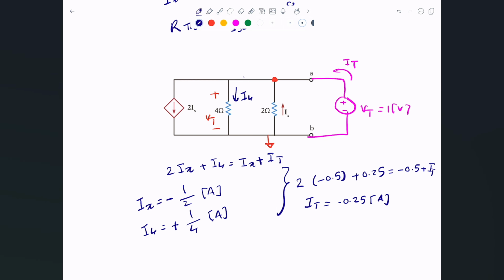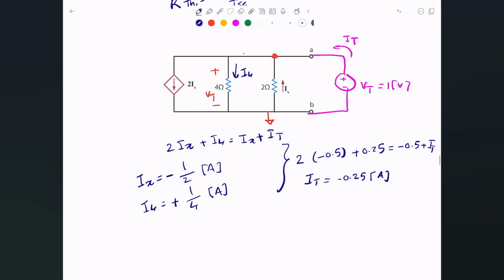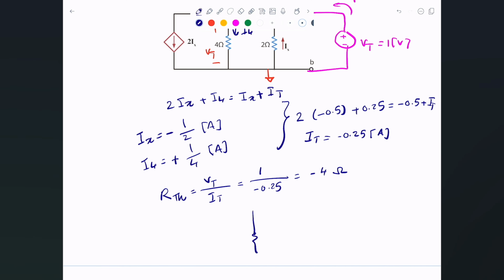Alright, so I know my I of t, I know my V of t. So based on method 3, it tells me that R Thevenin is just simply V test divided by I test. And I know my V test happened to be 1 volt, and this is negative 0.25 amps. That means this one here is negative 4 ohms. Okay, so the R Thevenin happened to be negative 4 ohms.